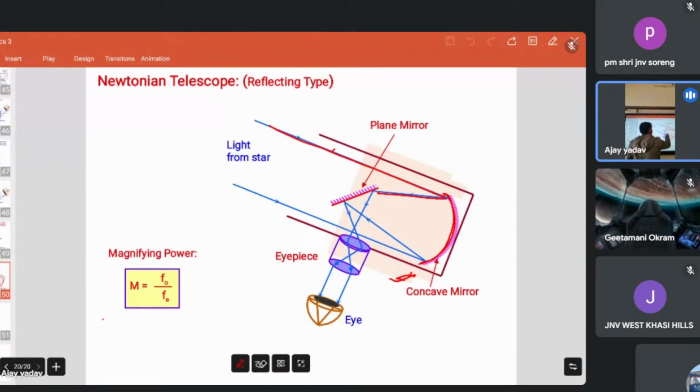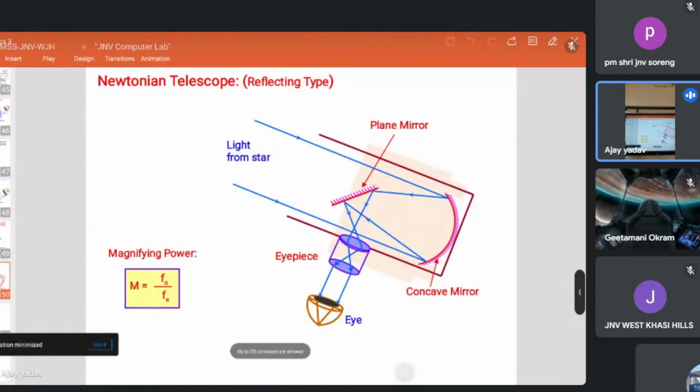In the path of the reflecting light, we put a plane mirror at an angle of 45 degrees. The incident rays fall on this mirror and reflect, and go to the eyepiece into the eye of the observer, and a bright image will form. This magnifying power is also FO by FE.